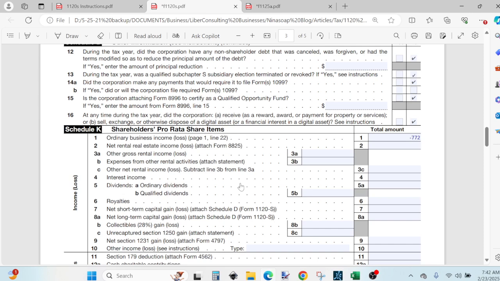Pretty much Schedule K is the 100%, and Schedule K-1 is a fraction that needs to go to every owner of the business. So if you have 2 people in the business and they are 50-50, whatever you have on your Schedule K will be divided in 2 equally between them.